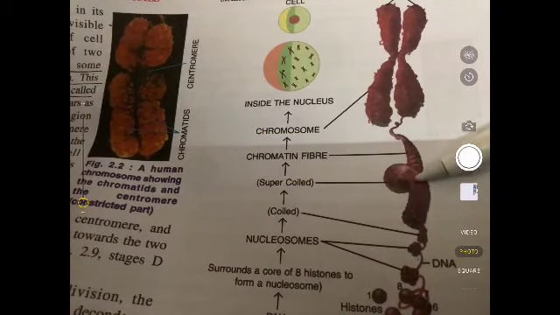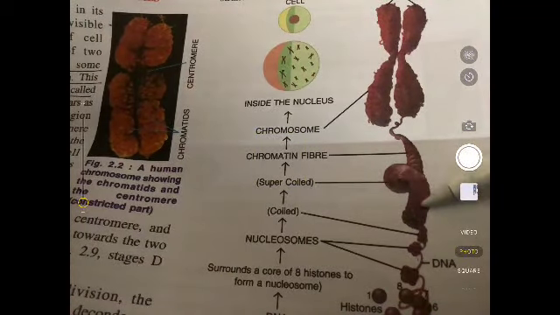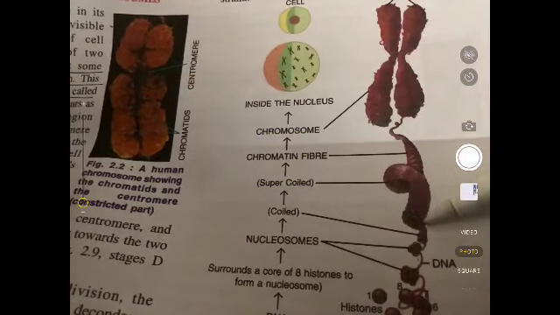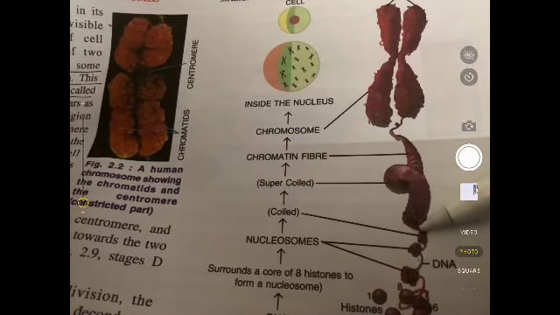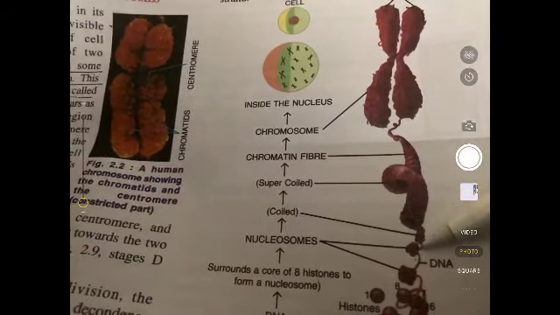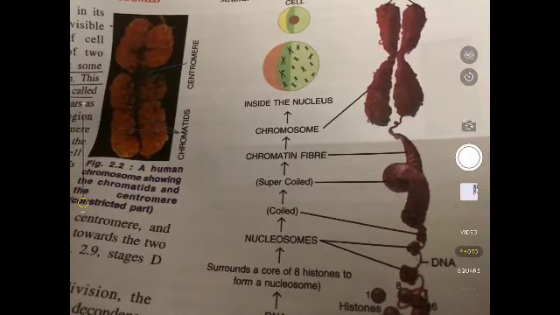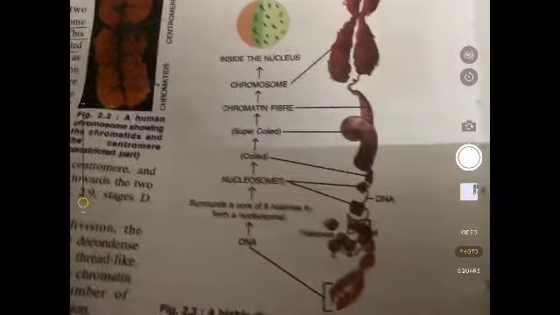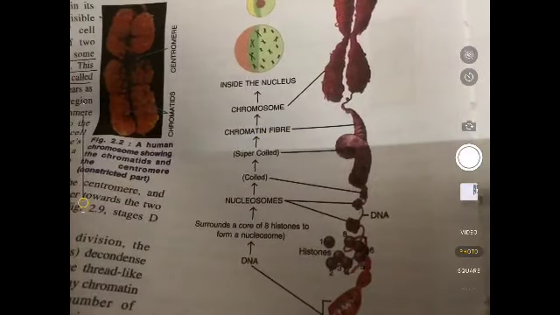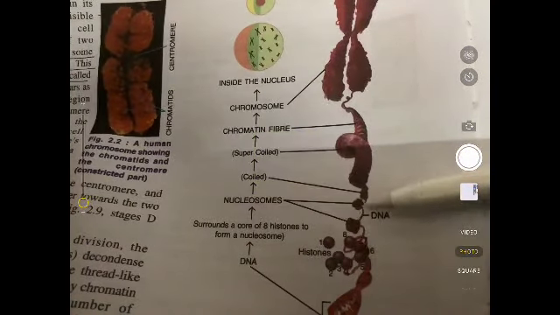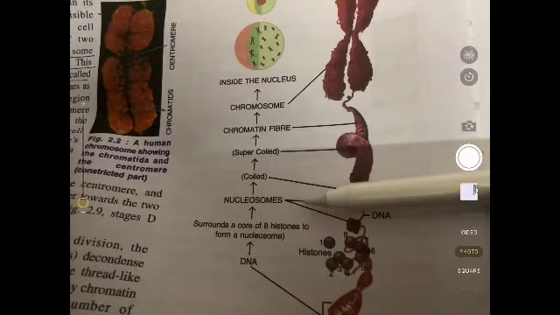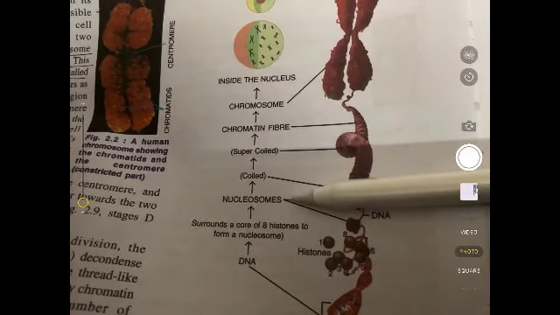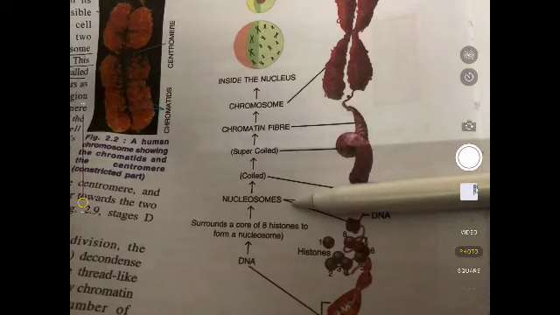And when this coiled fiber is uncoiled more and we take out its pieces, we are getting some beads. Some beads are shown here, look at this, and these beaded parts are called nucleosomes. Students, I am going to tell you about the nucleosome in detail by drawing a diagram.